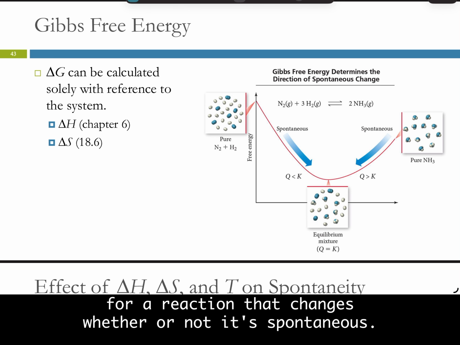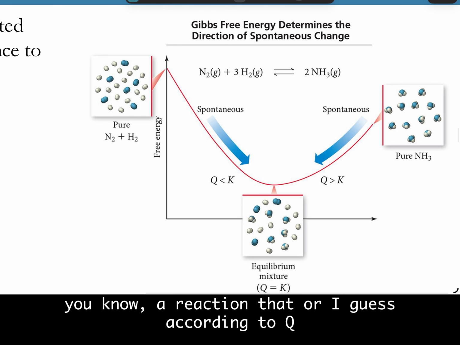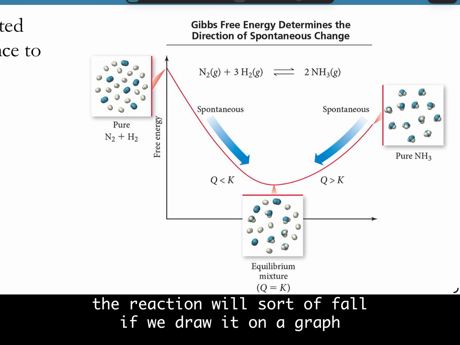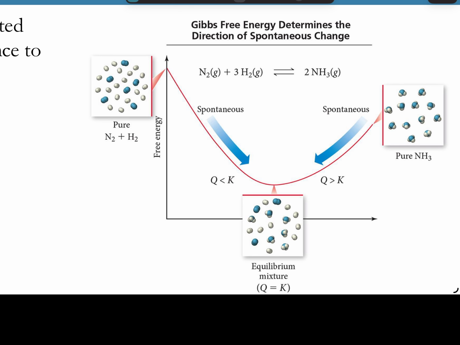For a reaction that changes whether or not it's spontaneous with temperature, we get something that looks like this, where the reaction will fall, if we draw it on a graph this way, in potential energy towards some minimum potential energy. And in this case, that happens to be where Q is equal to K.